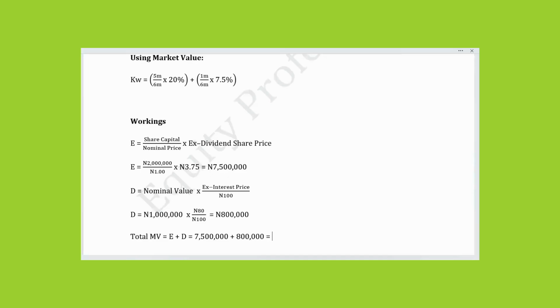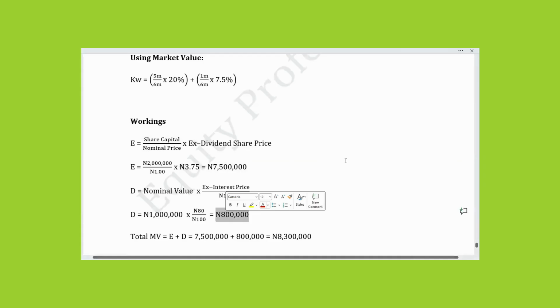So this will give us 8.3 million, 8,300,000. So this is what we are going to use to do the weighting. 7.5 million, we use that to do the weighting of equity. 800,000, we use it for the weighting of debenture.